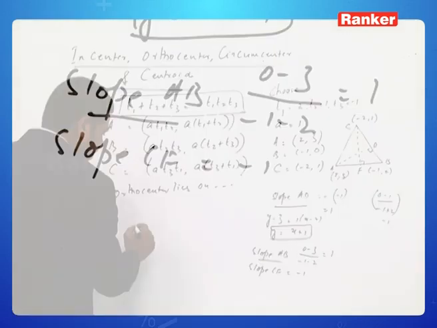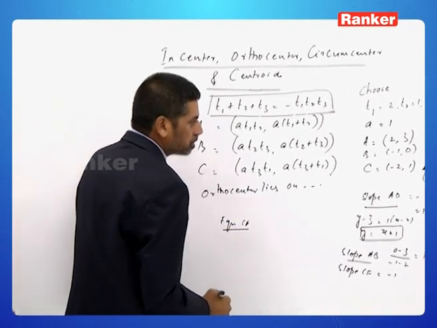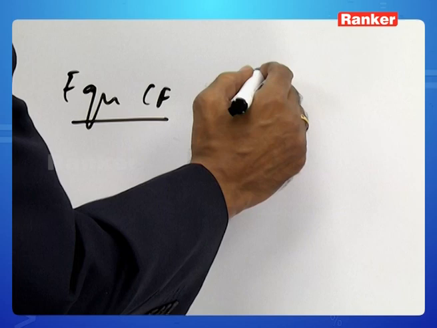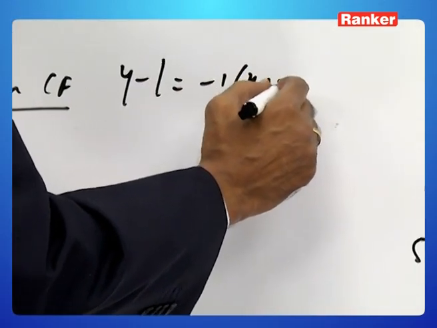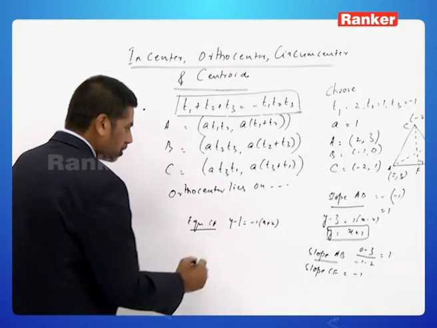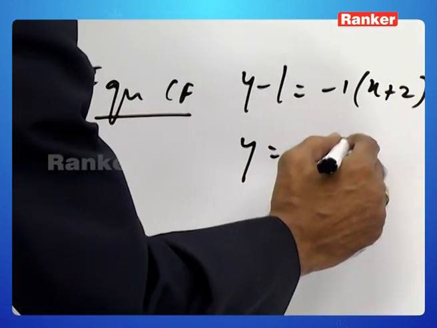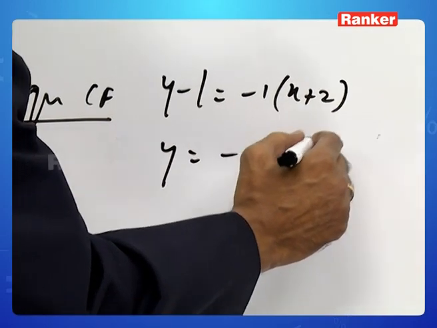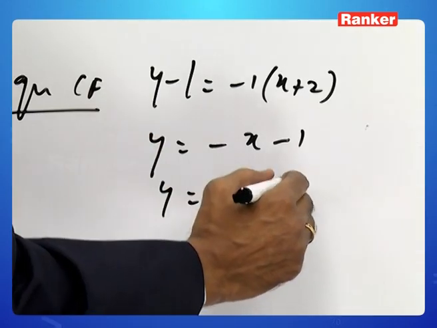What is equation CF? Equation CF will be y minus 1 is equal to minus 1 into x plus 2. Okay. So, y is equal to minus x minus 1. So, y is equal to minus of x plus 1.